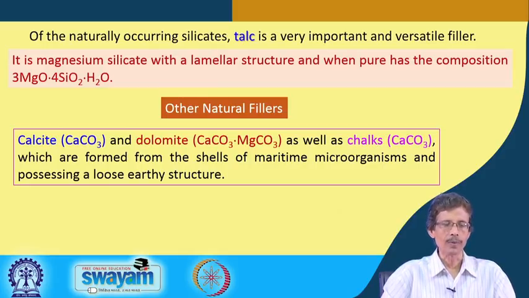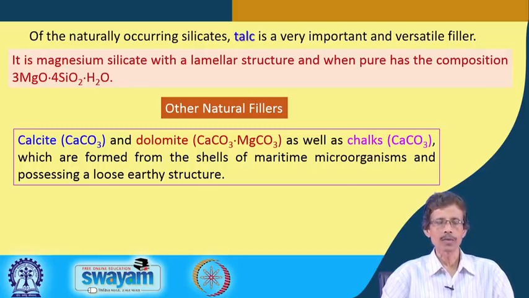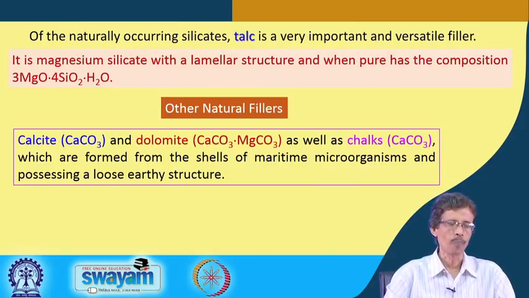These three, calcium based or calcium-magnesium based, are also naturally occurring filler materials, formed from the cells of marine microorganisms, because marine microorganisms deposit this chalk-like material as biomaterial, and after the death of those microorganisms it is deposited as calcium carbonate in calcite form or chalk form.